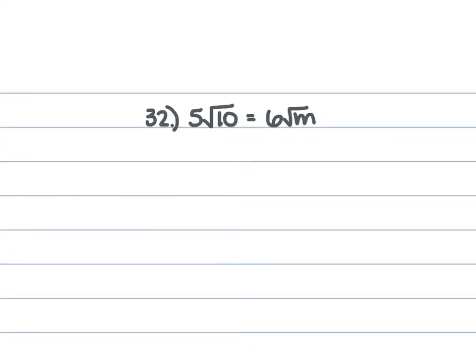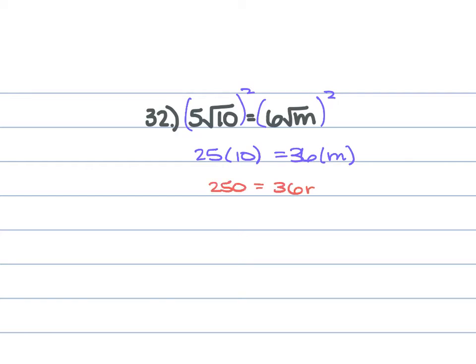For 32, we have 5 square root 10 is equal to 6 square root m. If you divided each side by the 5 or by the 6, we wouldn't be getting a whole number, so we can actually just square both sides and get the same thing. So this is going to be 25 times 10 is equal to 36 times m. We are going to have 250 is equal to 36m. We divide each side by 36.